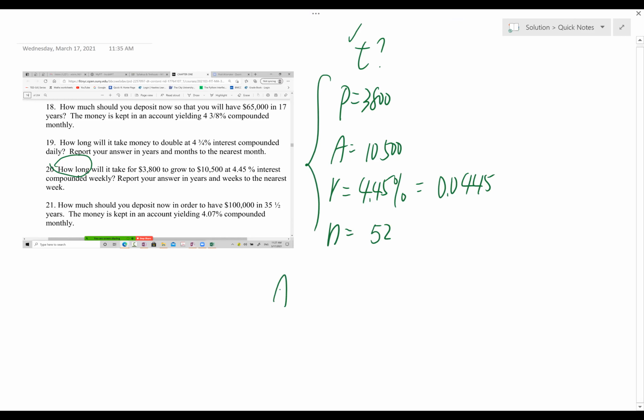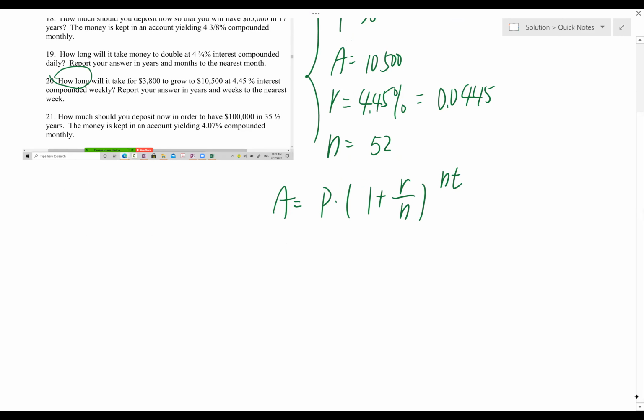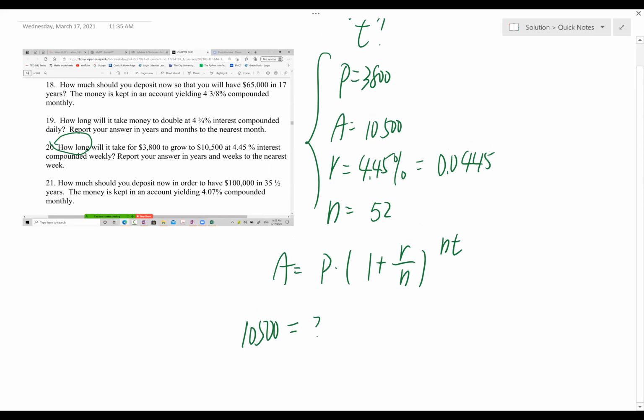So ending balance equals principal times 1 plus r over n to the nt. And again, we're still working with the same formula. So ending balance is 10,500. The principal is 3,800 times 1 plus 0.0445 over 52. And then time t, we don't know. So 52t. Okay.